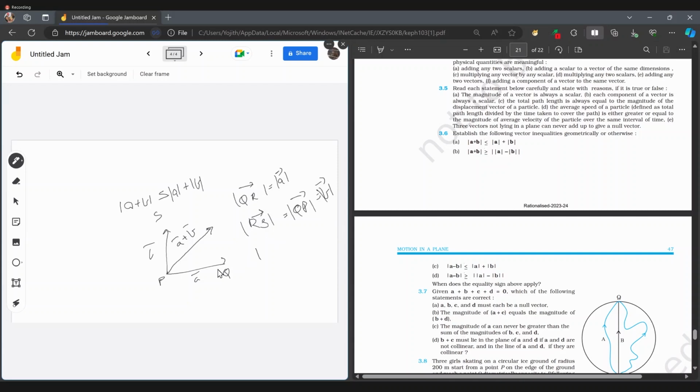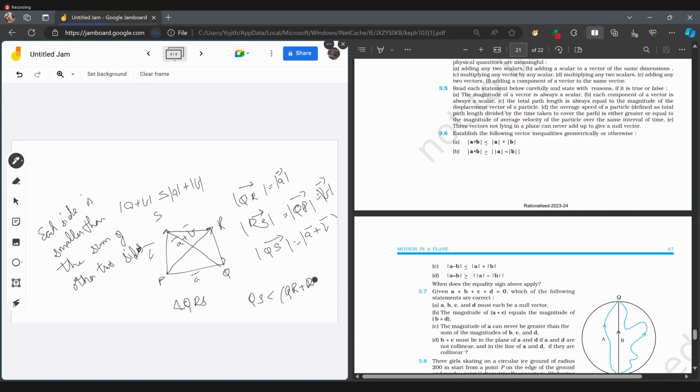Okay, now మనకి ఏం తెలుసు, in a triangle, each side is smaller than the sum of the other two sides కదా. ఓకే, సో ఇక్కడ ఇన్ ట్రయాంగిల్ QRS, ఈ ట్రయాంగిల్ లో QS is smaller than QR plus RS కదా.